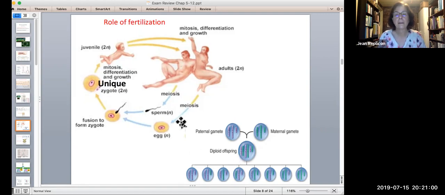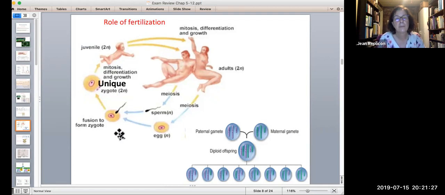And so the eggs that are produced by this woman are not going to be similar to the other eggs. They're all going to be individual, all distinct. And the same with the male. His sperm are all going to be individual and distinct. And the union of those is going to be a combination that has never happened before. And so we get a unique individual that has never existed before, with different combinations.